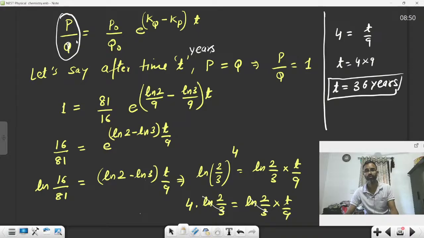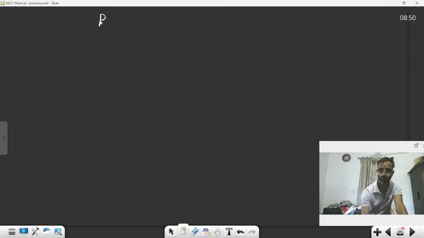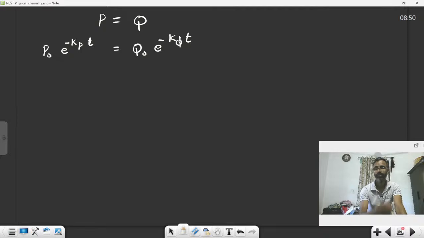You can write it like this as well, that P is equal to Q after time t. So it is P naught e raised to power kpt equals Q naught e raised to power minus kqt.